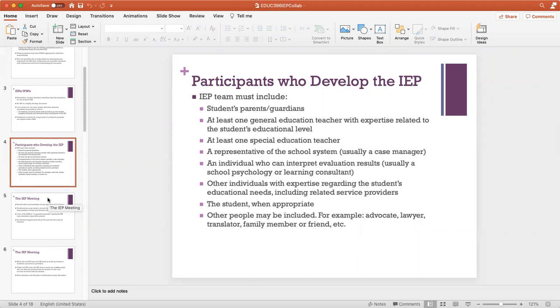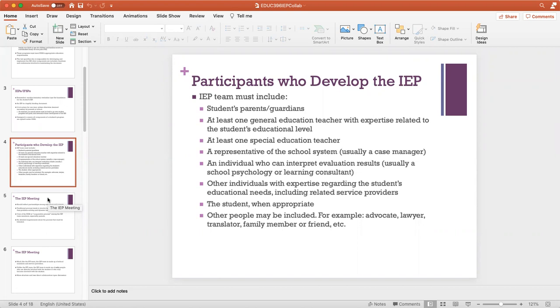There are some others who may end up at an IEP meeting: advocates, who are people who, by some experience, are familiar with the rights and responsibilities of the parent and other parties, and are often there to ensure that the parents are able to advocate for and ask for the things that they are entitled to.